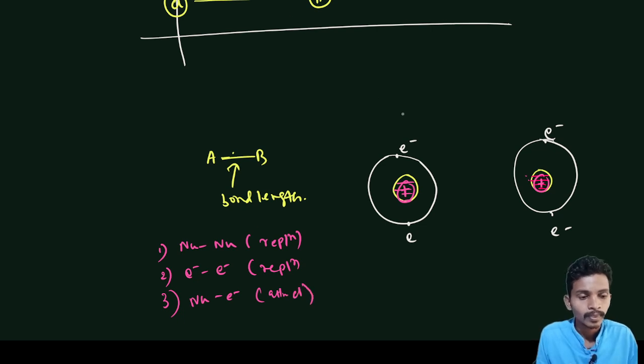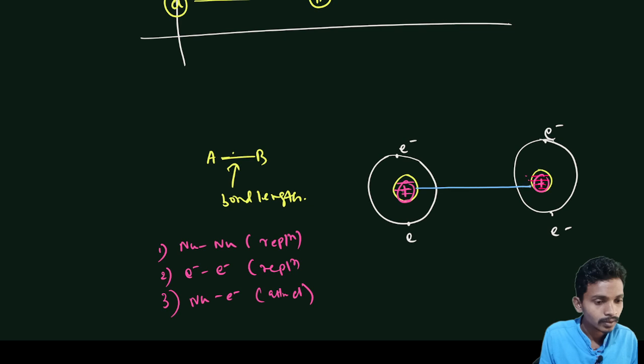So whenever you bring the two atoms closer, the two nuclei repel, so repulsions will occur, and here also due to the same electrons there will be repulsions.